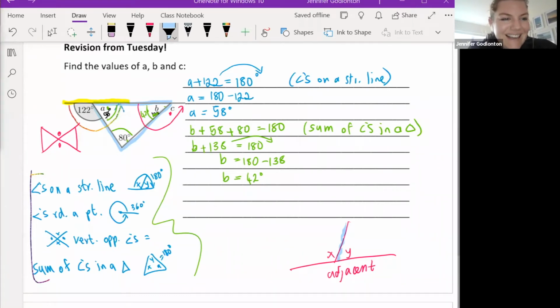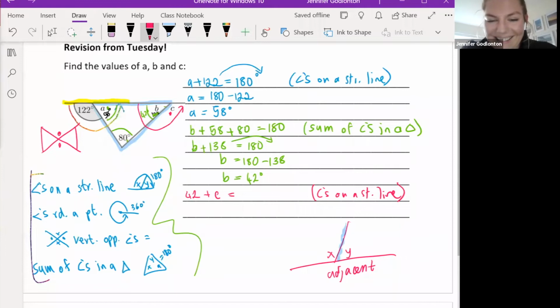All right, let's have Nasi. Do you think you can help me with C? Yes, ma'am. The reason is angles on a straight line. Beautiful. That is definitely my reason, angles on a straight line. What is my equation going to look like? 42 plus B plus C, I mean.